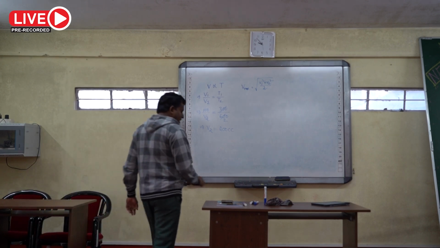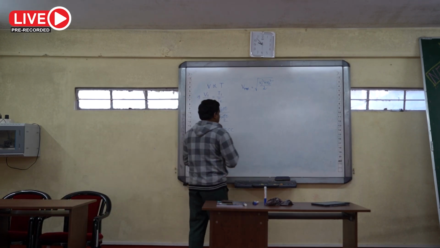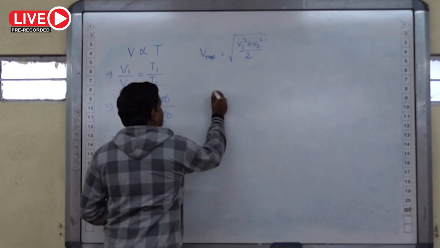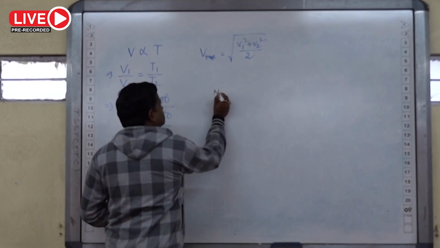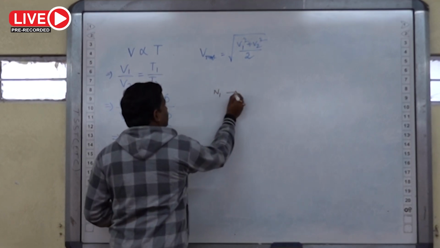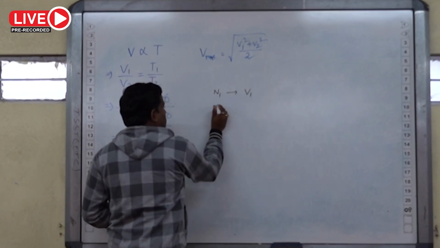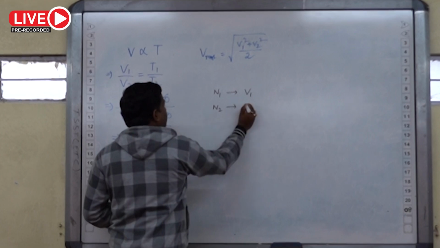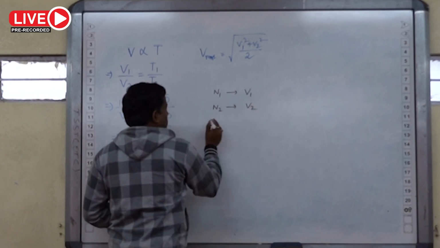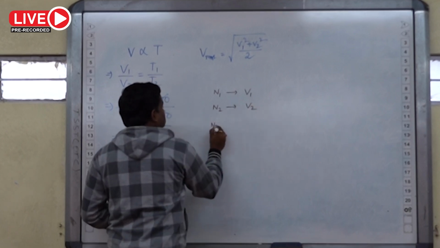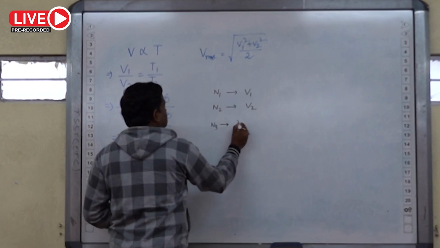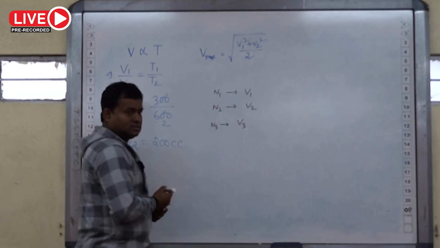Suppose we have an ideal gas where there are N1 molecules moving with speed V1, N2 number of molecules moving with velocity V2, N3 number of molecules moving with velocity V3.